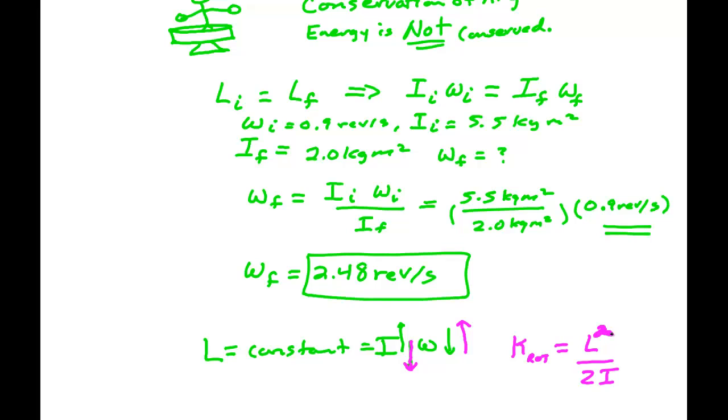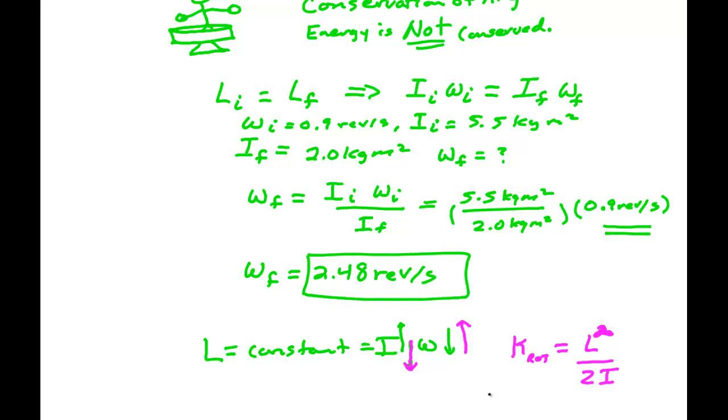Now let me show you why it's a better form. Since L is a constant, initially and final, the numerator doesn't change, only the denominator. So if he makes his I go down, then he makes the kinetic energy go up. So in other words, if he brings those weights in, he's actually adding kinetic energy to the system.